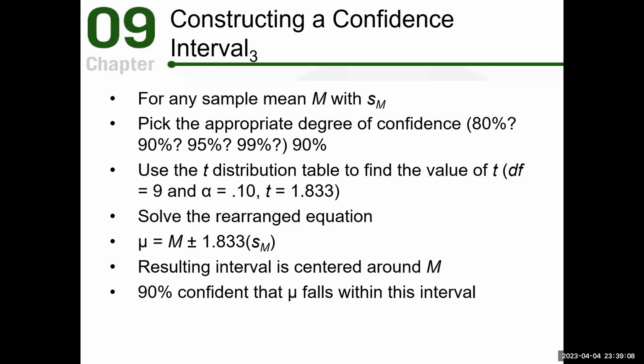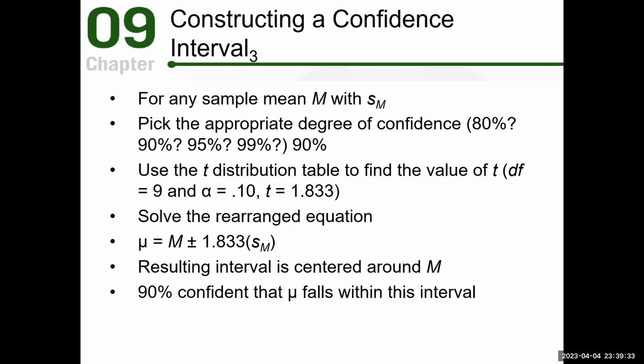I'm going to go to the back of the book just to confirm, but your t-statistic table should show you that. So I go to t, 10%, two-tailed, degree of freedom, then I go down to 9, and 1.833.